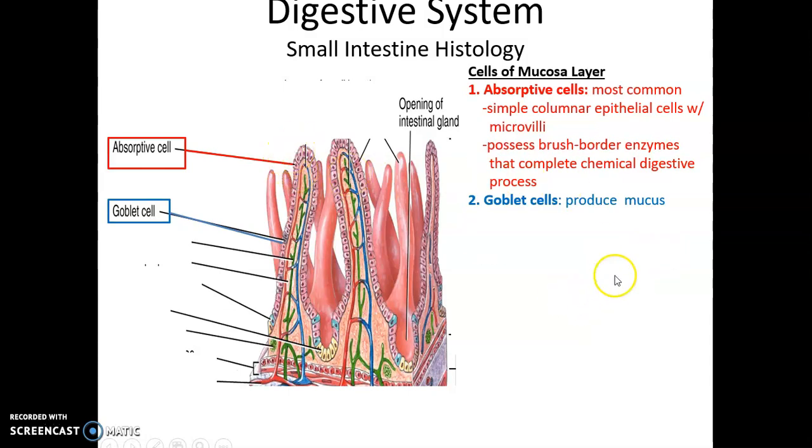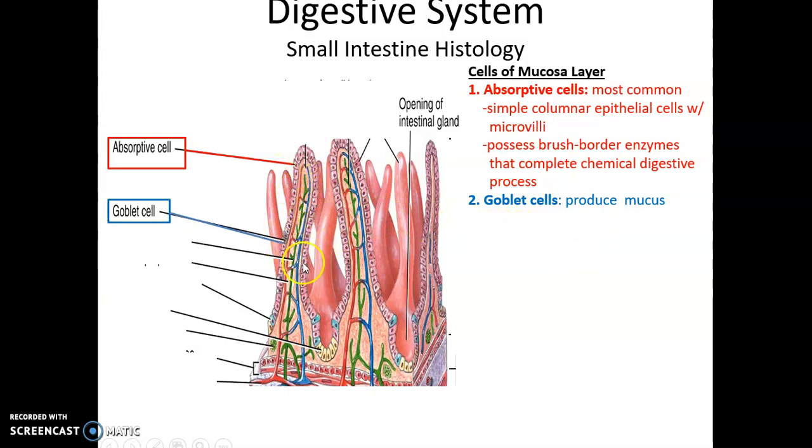On the microvilli of the absorptive cells are what are referred to as brush border enzymes. These are the last of the digestive enzymes that will break down the nutrients to the smallest structure necessary to allow the nutrients to be absorbed through the absorptive cells and into the bloodstream or the lacteals.